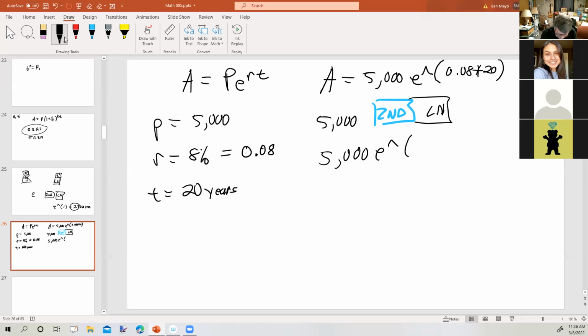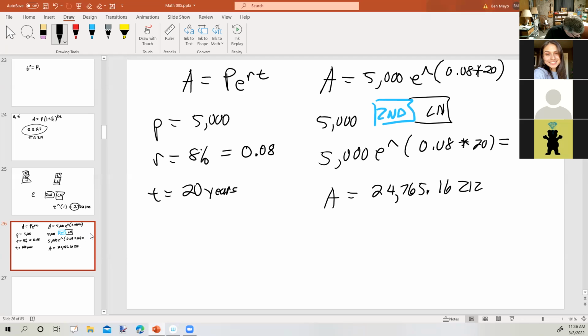So now I'm going to put in there 0.08 times 20, close it up, and then push equals. And I get 24765.16212, and it said, oh, what did it say?